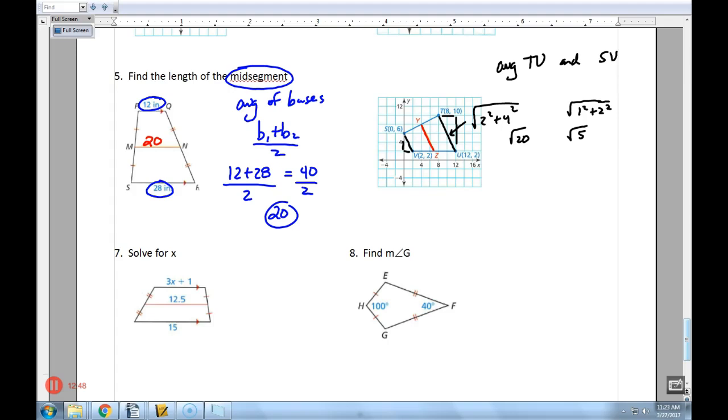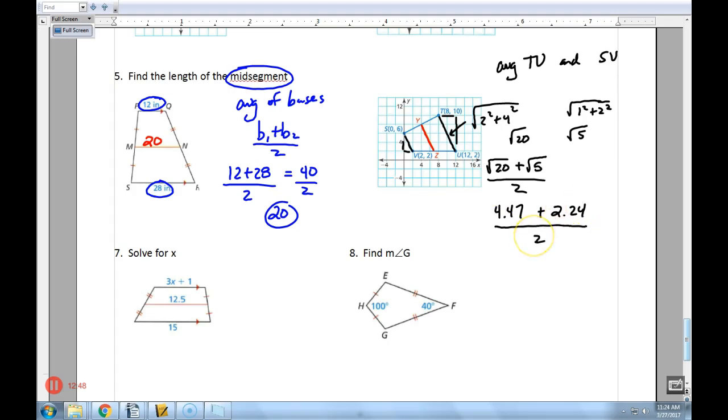So let's go ahead and get decimals for this. If you wanted to keep it exact, I could say it's the square root of 20 plus the square root of 5, chopped in half. That would be the true, exact answer. But let's just get some decimals here. The square root of 20 is about 4.47, and the square root of 5 is about 2.24.